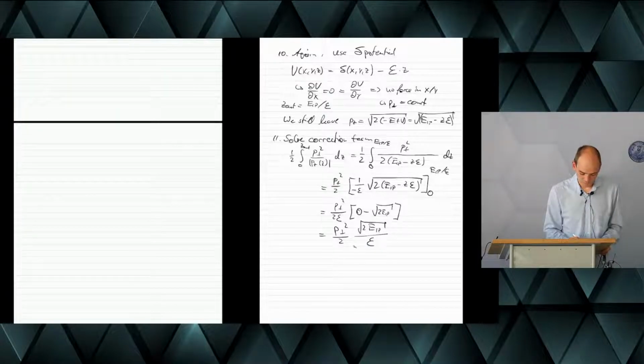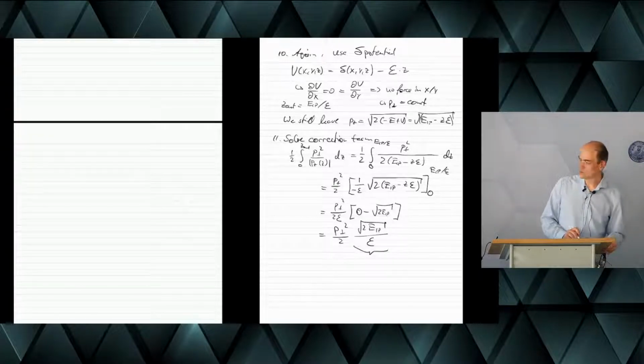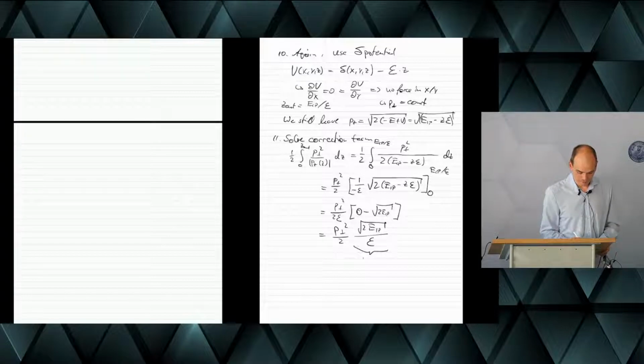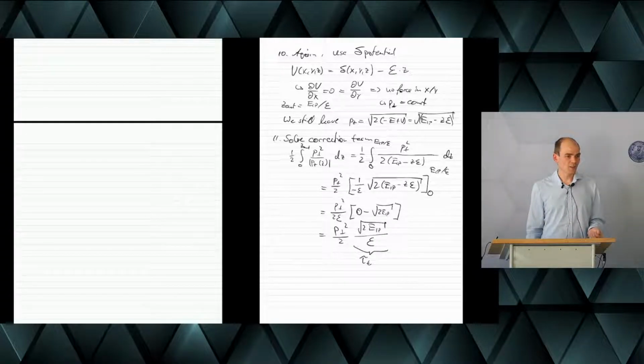And this term we encountered before. Even if the units don't look like it, this is a time. And this is our tunnel time that we found when we derived the Keldysh parameter.